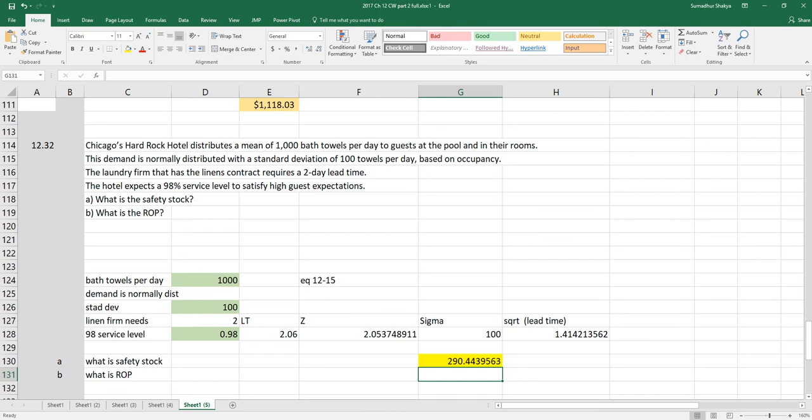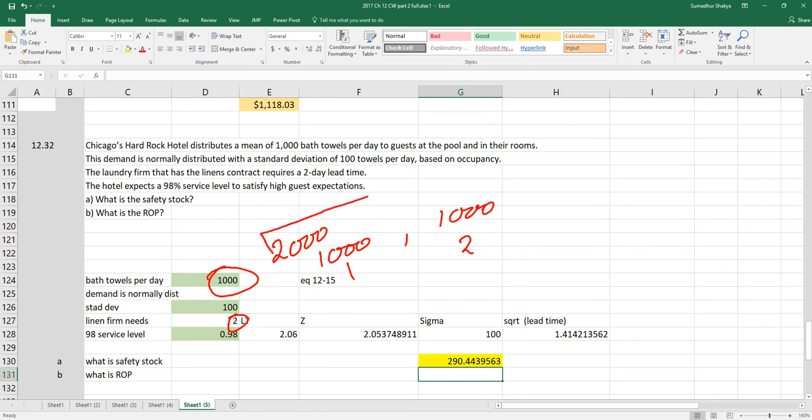If the demand was not to fluctuate, or if the hotel was not worried about running out of stock, then with 1,000 towels a day and a lead time of 2 days, it would have been sufficient to carry 2,000 towels on any given day when they place the order for the linen company to come over, because 1,000 towels would be used on day 1, and the next 1,000 towels would be used on day 2.